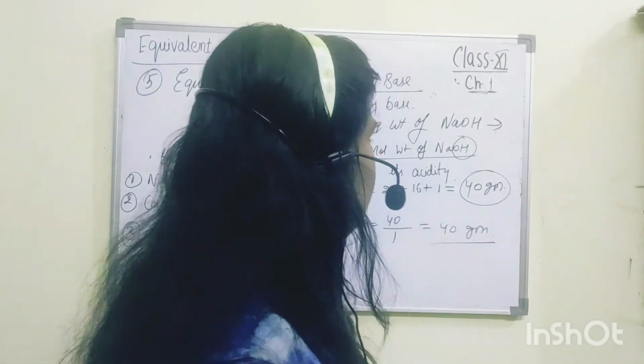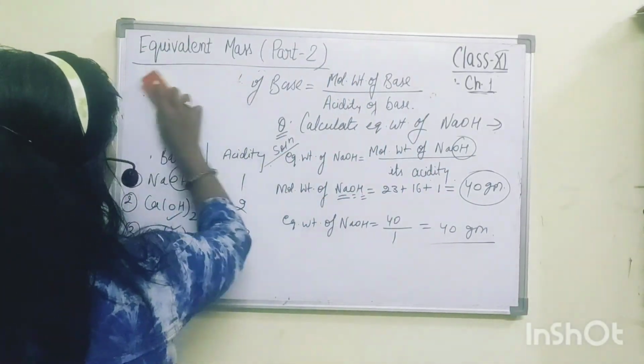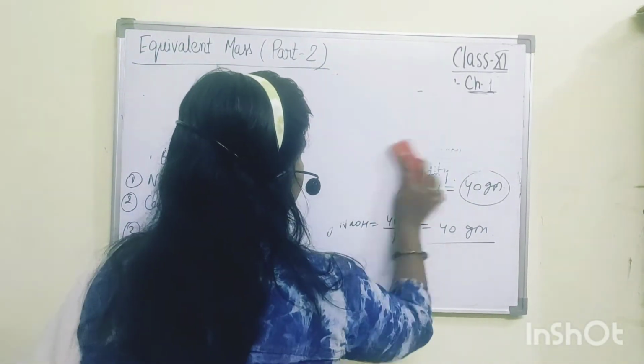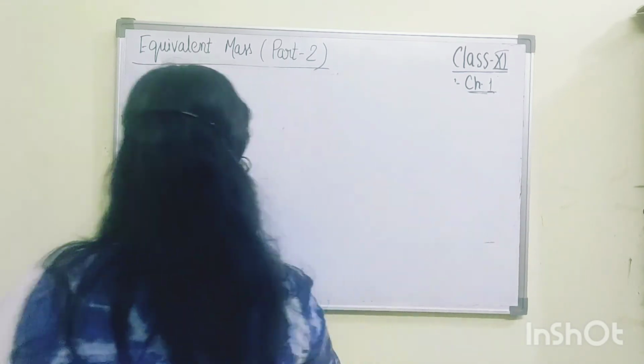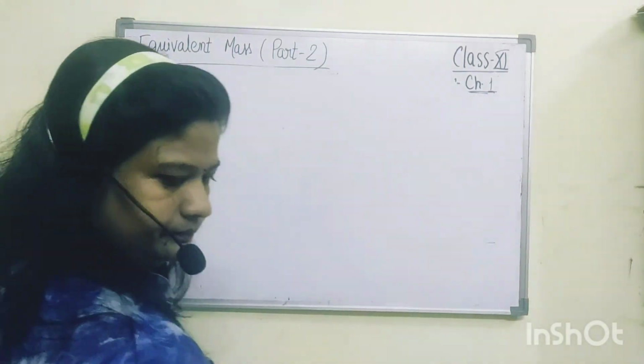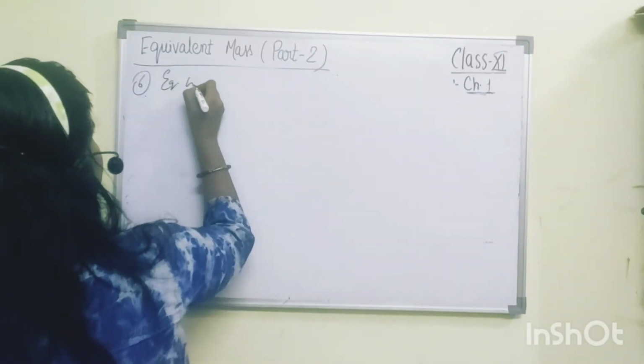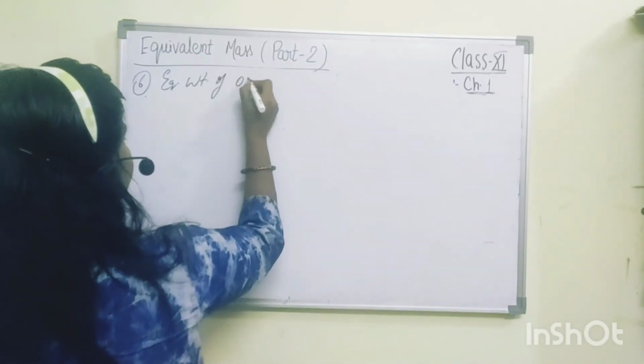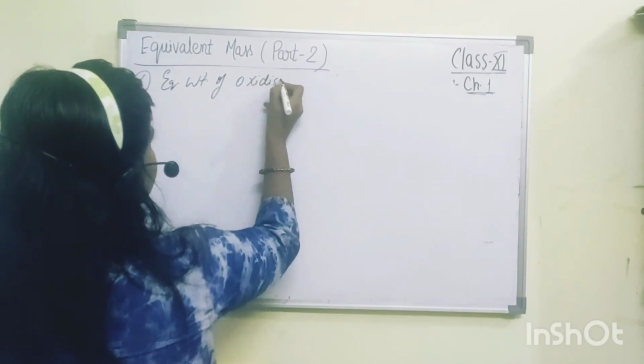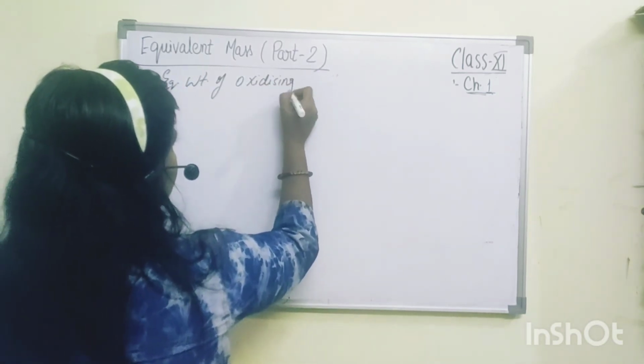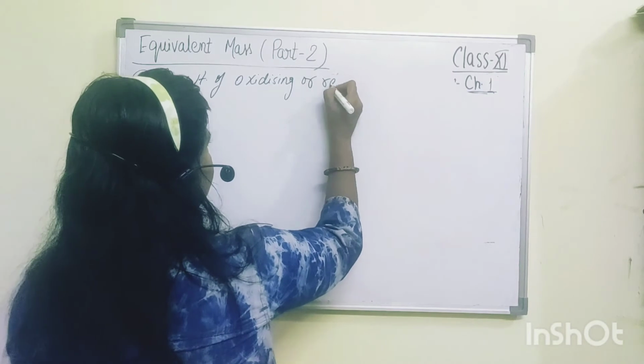Okay, last I am taking point 6: equivalent weight of an oxidizing or reducing agent.